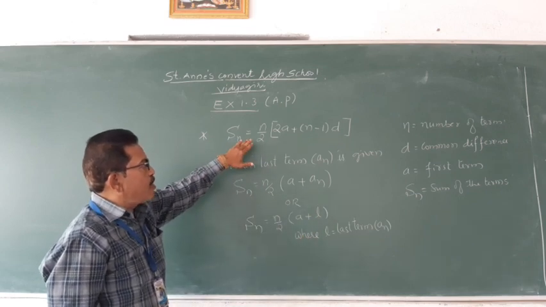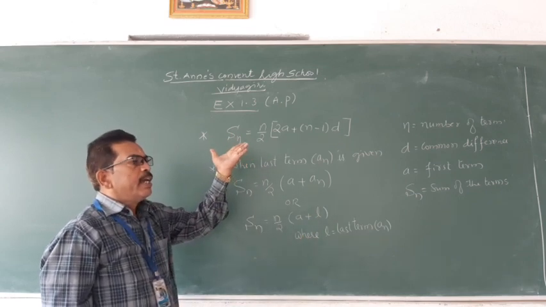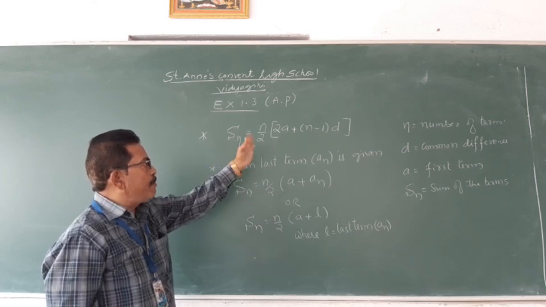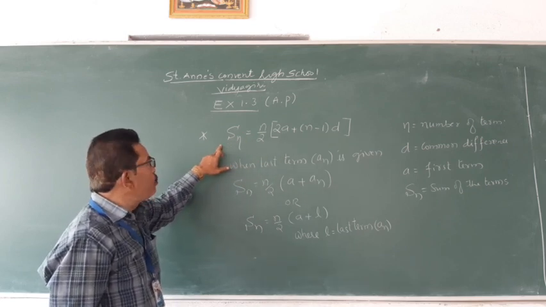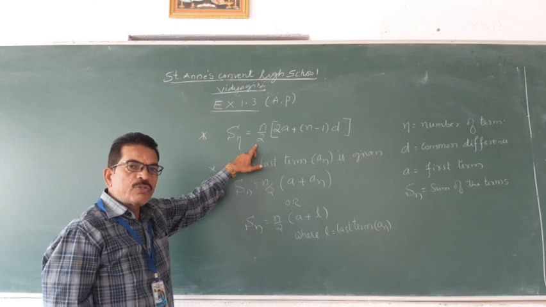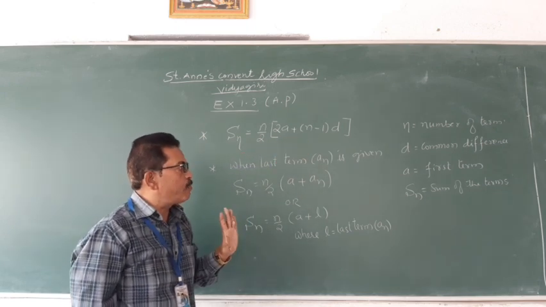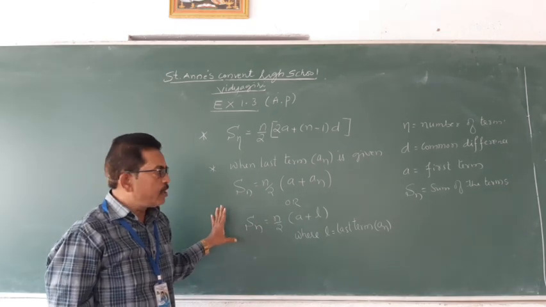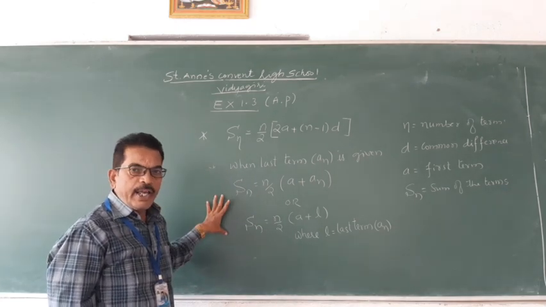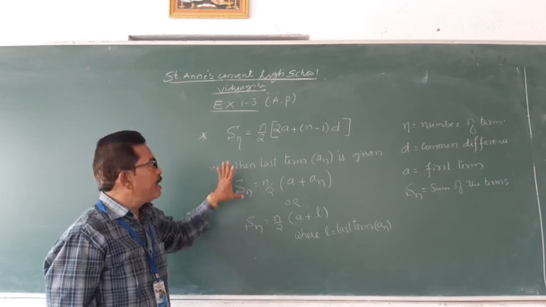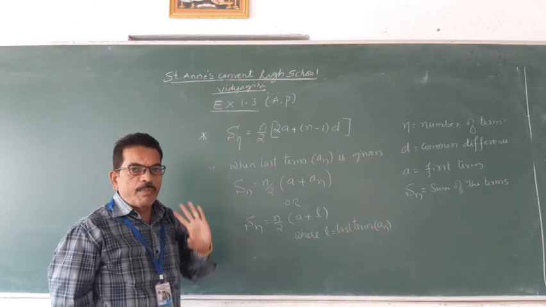When the last term is not given and simply the sum to n terms is asked, we have to use the formula Sn equals n by 2 in the big bracket 2a plus (n minus 1) into d. Observe the formula attentively. Let us begin exercise 1.3.